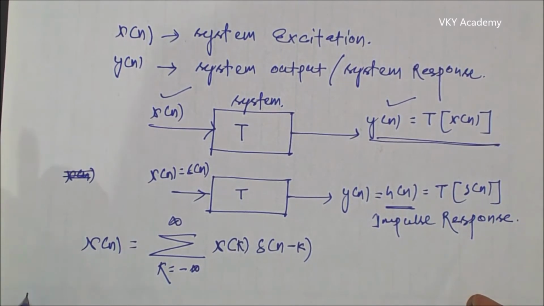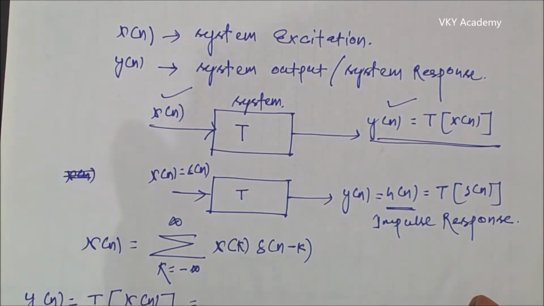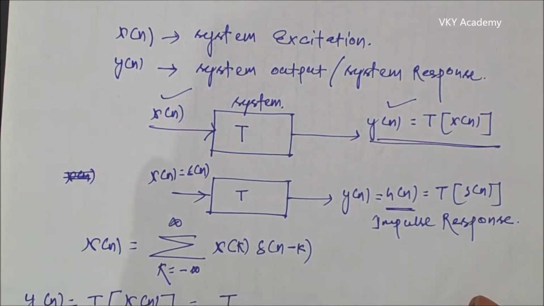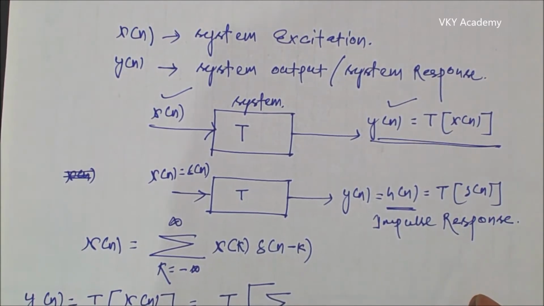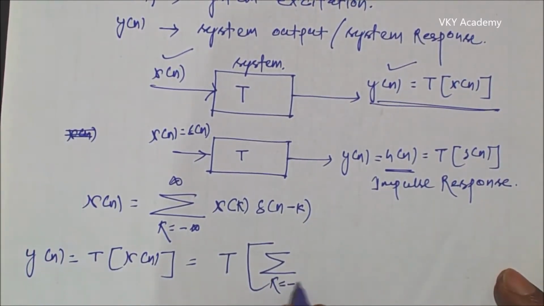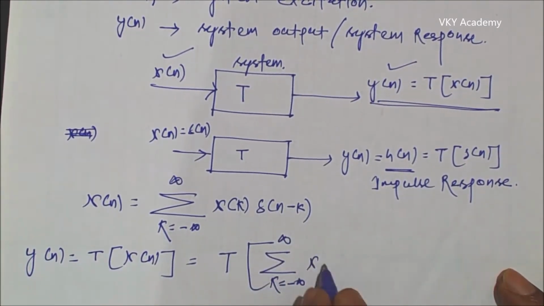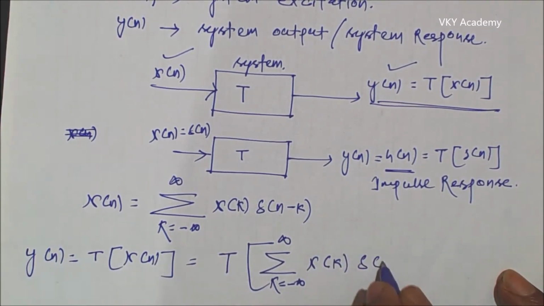Now as we know that y of n is actually T of x of n, we can write T of summation k equals minus infinity to infinity x of k delta of n minus k.